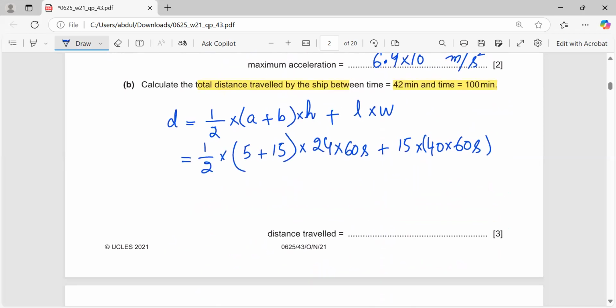So here, this one is 14,400 plus 15 times 2,400. That is 36,000.